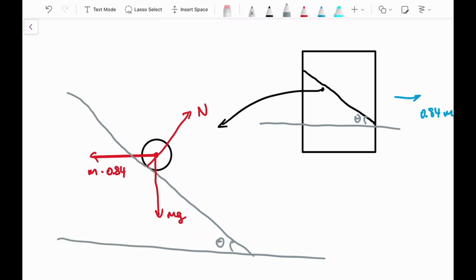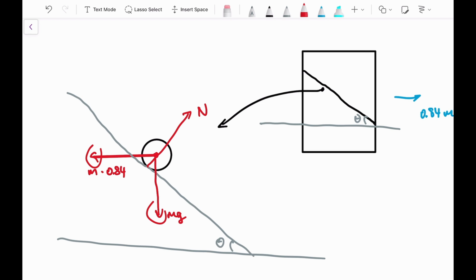There are several ways to do this. My idea is that we can break the vector into different components. We know that these two forces sum up to produce n.